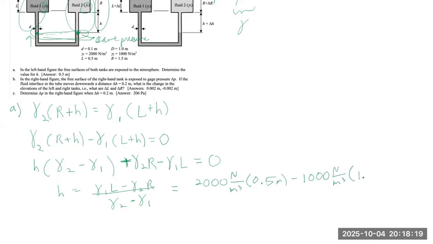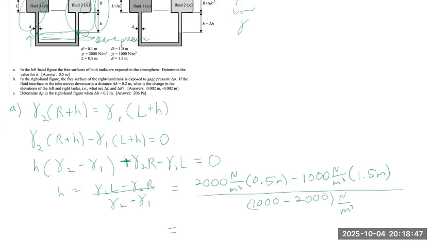R is 1.5 meters. And then we put it over gamma 2, which is 1000, minus 2000. And then all this is in terms of newtons over meters cubed. So the height should be in terms of meters. So if it checks out, we should have meters in our last dimension after doing unit analysis.